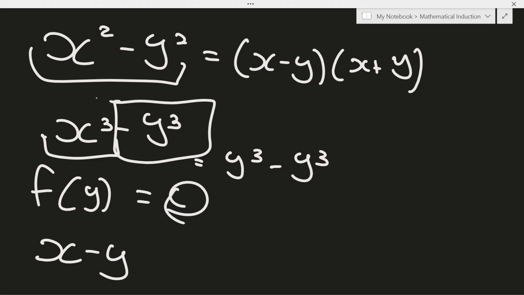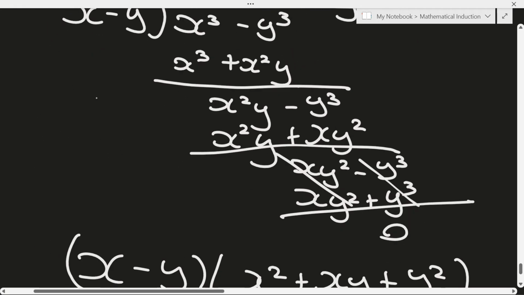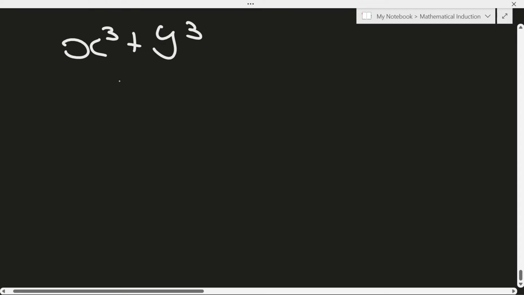Well, we can't substitute f for negative y because that will equate x to negative y. What we can do instead is let y be equivalent to negative y.